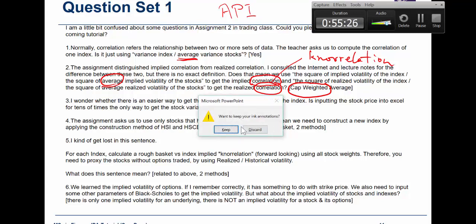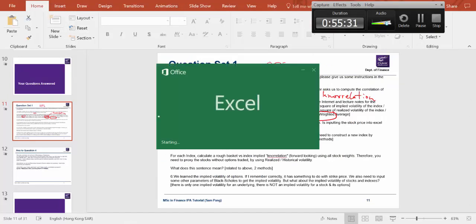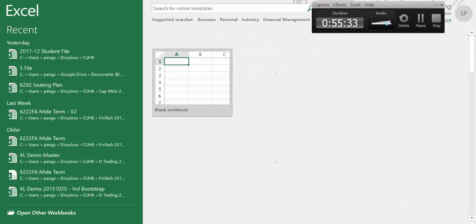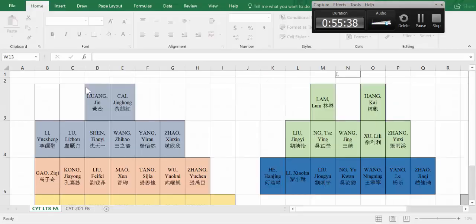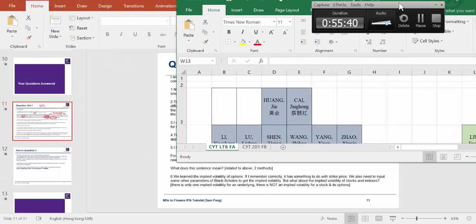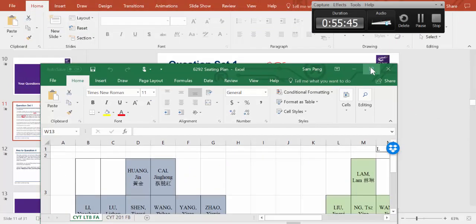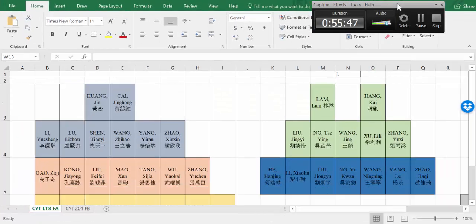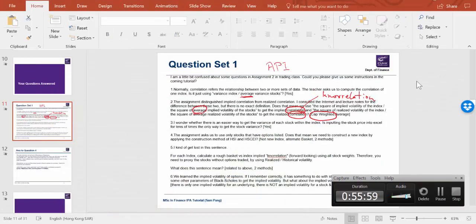When you open up Excel, there will be a little icon, which I don't have here. It will be somewhere on the right hand side. There should be an additional icon or button for you to download data.